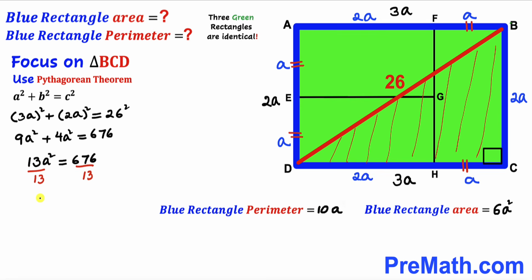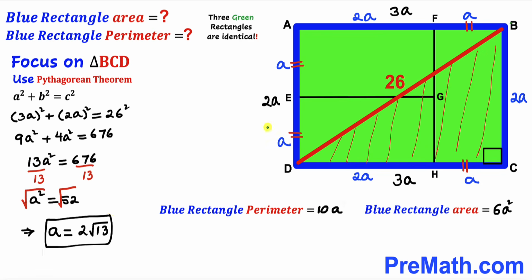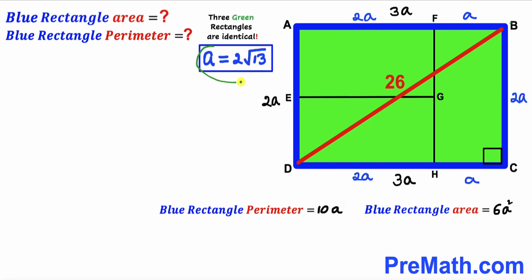So therefore a square value turns out to be equal to 52. Now I'm going to undo this square by taking the square root on both sides. So our lowercase a value is going to be 2 times the square root of 13. Thus our lowercase a value simply turns out to be 2 times square root of 13.